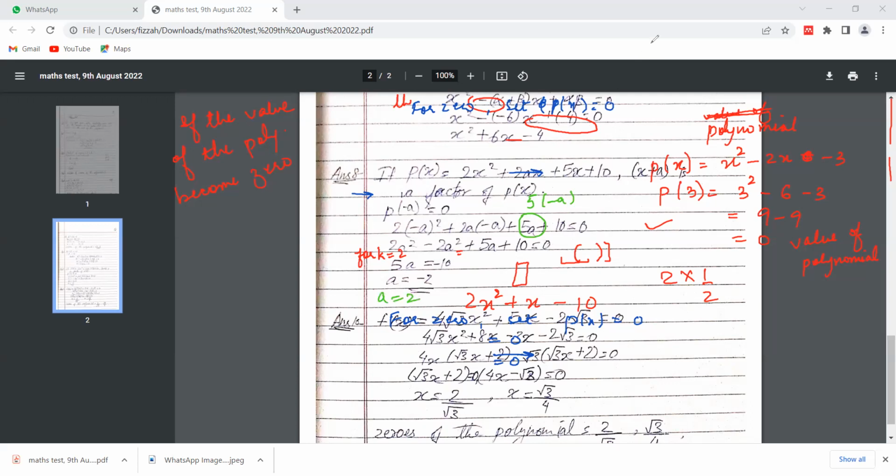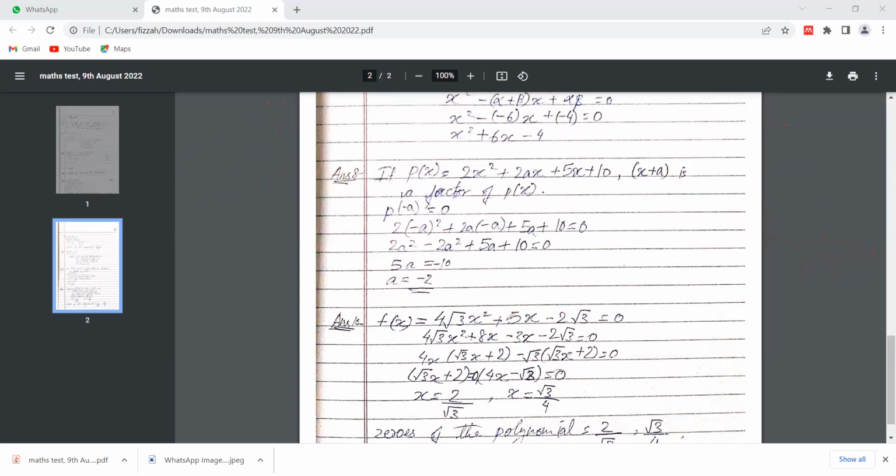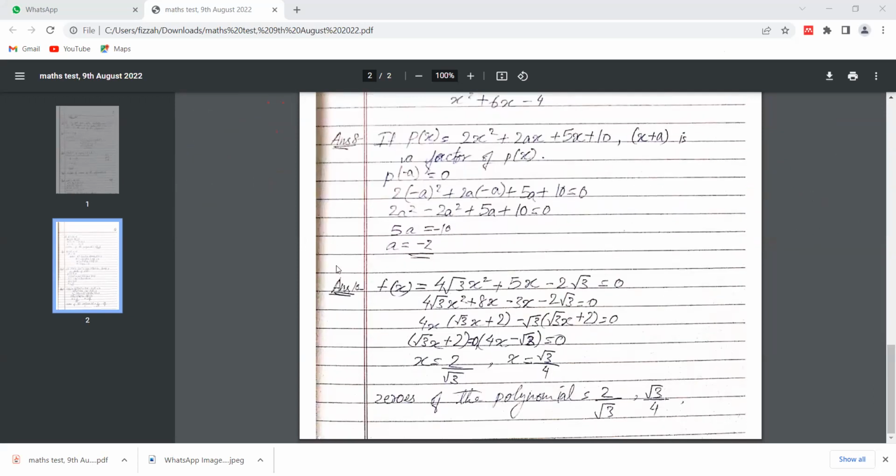Now 10th question. What you are getting is x is equal to 2 by root 3 and 3 under root 3 by 4.